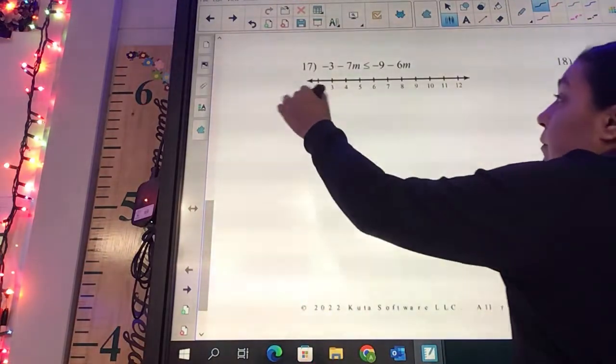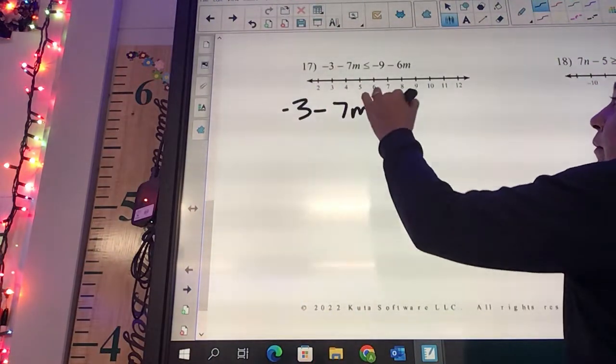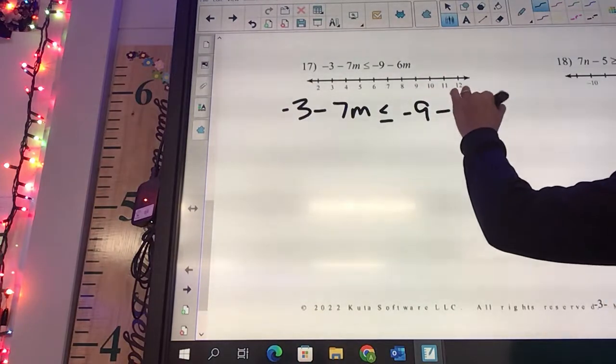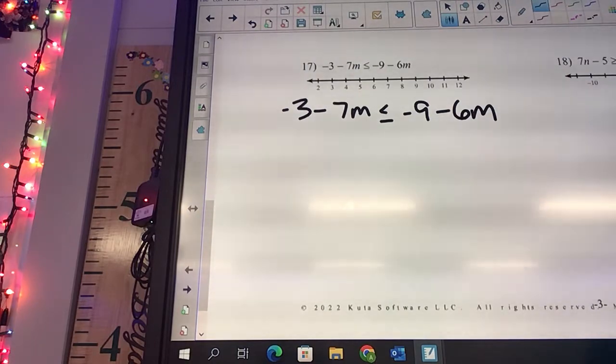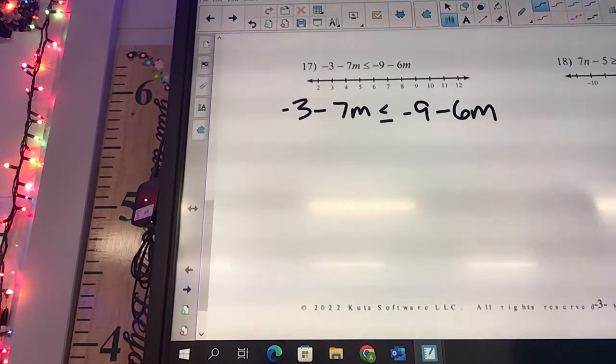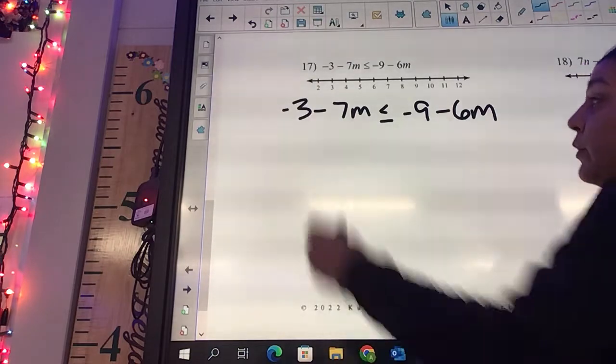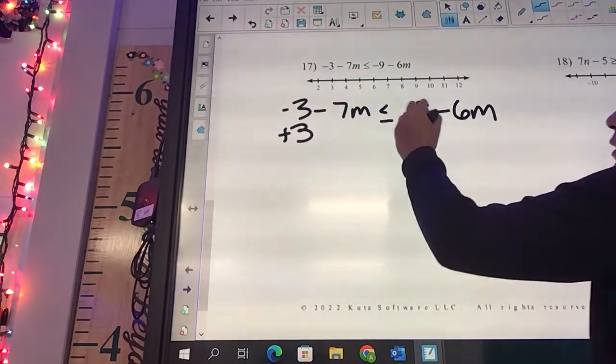Okay, 17. Okay, what needs moved? The 3 needs moved. So we're gonna say plus 3, plus 3.